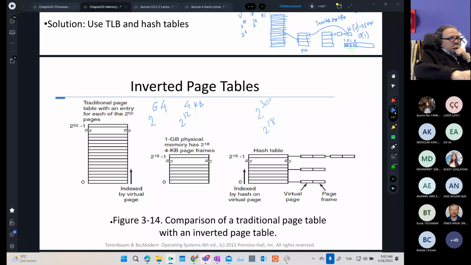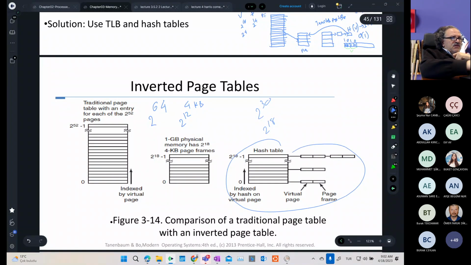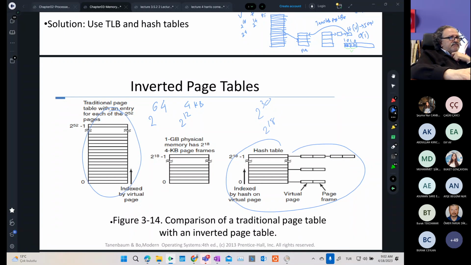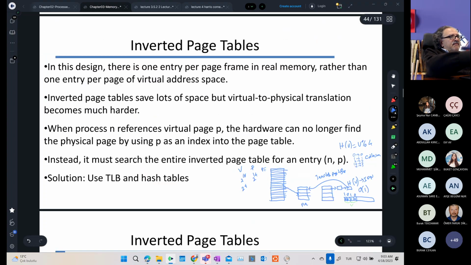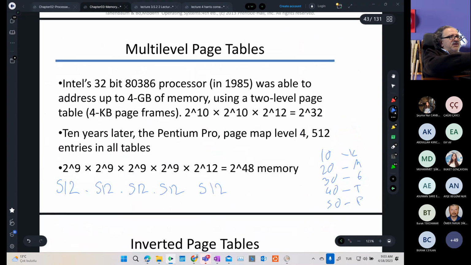If you compare this structure with this one, it is obvious that it has definitely a very large memory advantage. But nevertheless, the Unix and the Windows operating systems don't use this scheme. They use the multi-level page tables, as we looked at before.